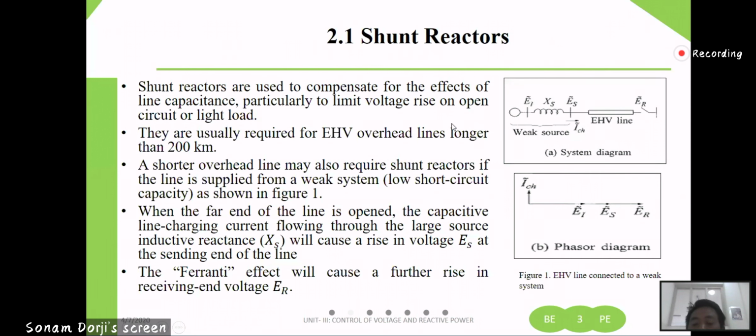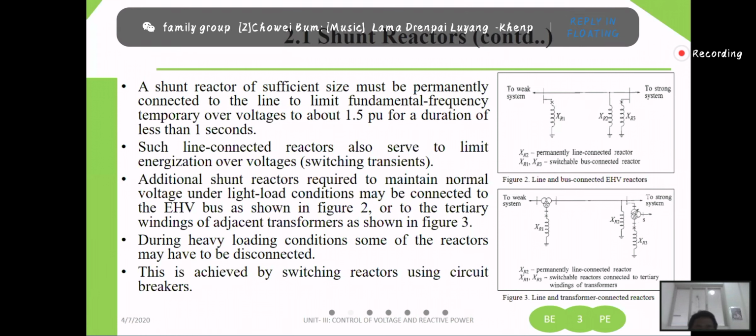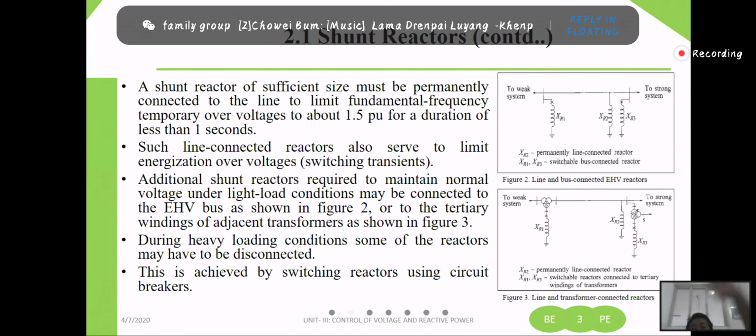So in this situation, we have to control the voltages at the required or acceptable limits, and we will do this by using a shunt reactor. Here there is an increase in line capacitance, which means that if you increase the line capacitance, the receiving end voltage will be more than the sending end voltage.